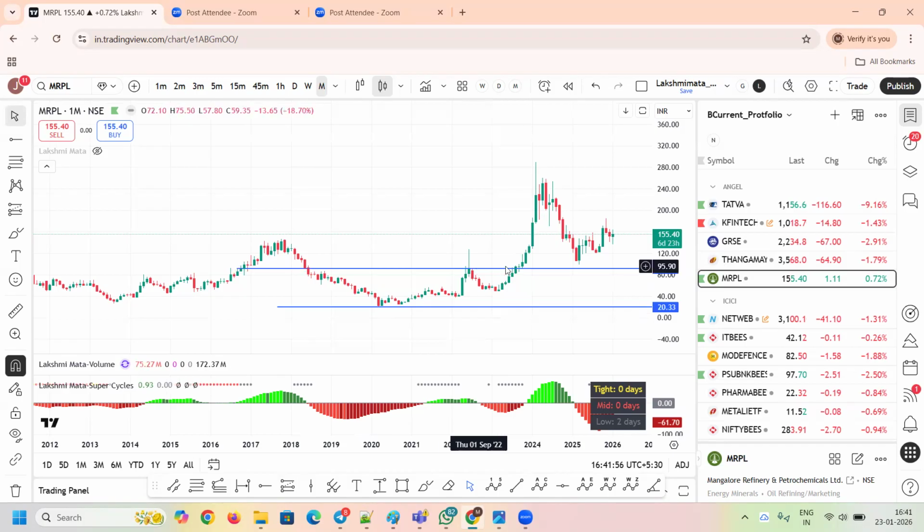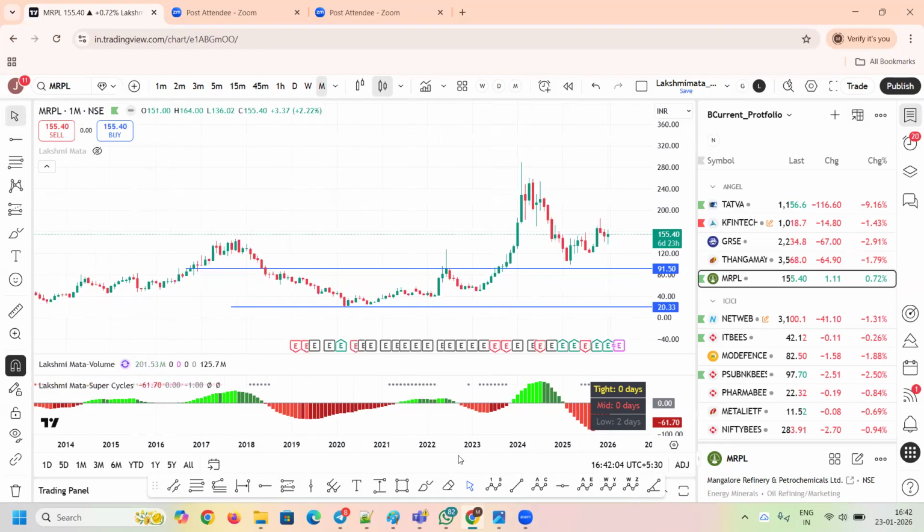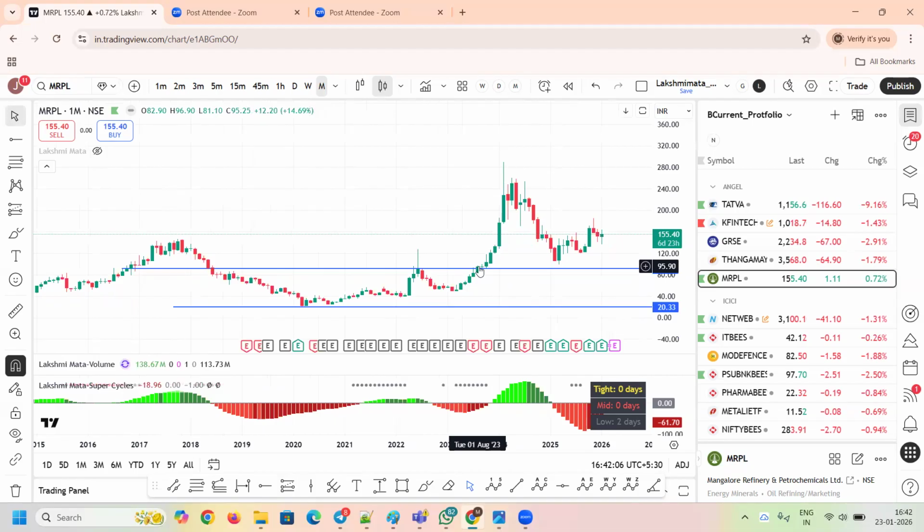And again, once this is over, if any of the candles closes above that, that means there is strength in the stock, and there is a chance that it will start to move up. Then whatever was the earlier resistance will become the support.